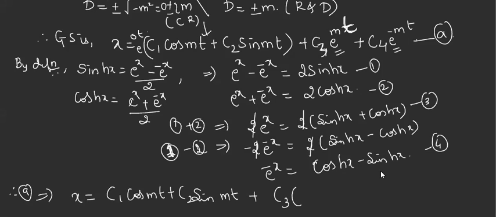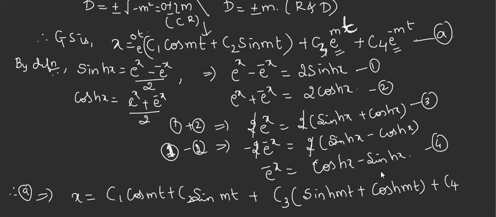What do I have to write for e raised to mt? Use equation 3 and tell me. If I have x, I'll get x; here I have mt, so I will get mt. sinh mt plus cosh mt. Okay, so this is e raised to mt.